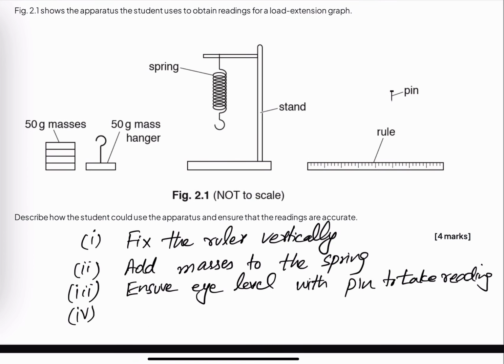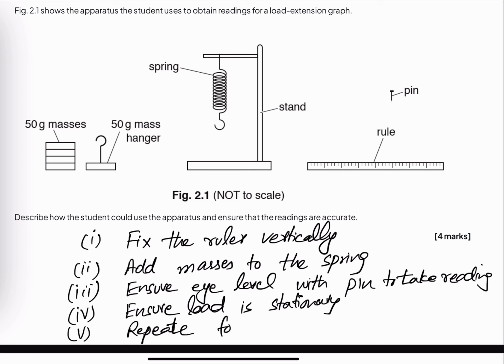And the fourth one is ensure load is stationary. The fifth possible point is repeat for different loads. Okay, you have to write any 4 of them for a 4-marker question.